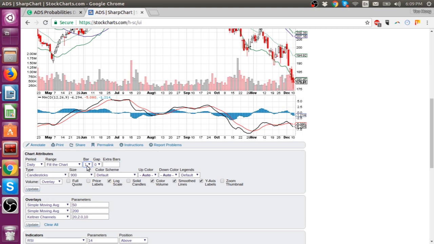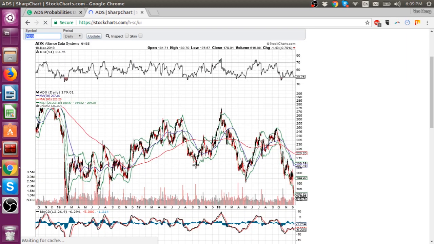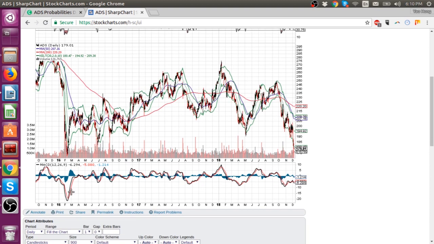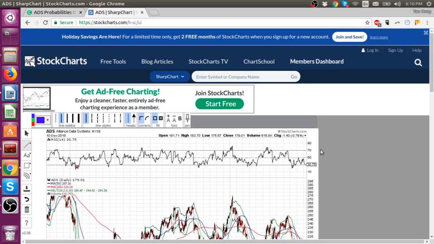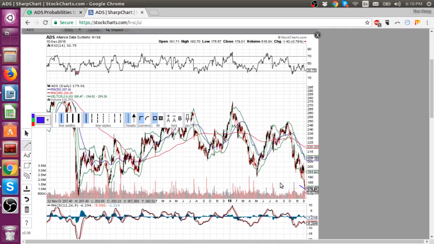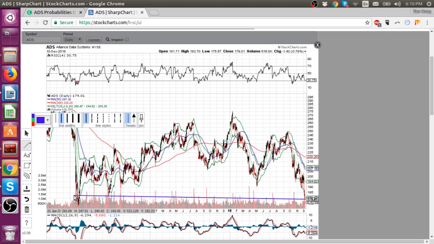What I do is click on bar, set it to 1, and this will compress the bars so that I can look over a longer time span. Just now I was looking at probably 6 months of price movement. Now I'm looking at close to 2.5 years, maybe not completely. So let's draw a horizontal straight line at 179.